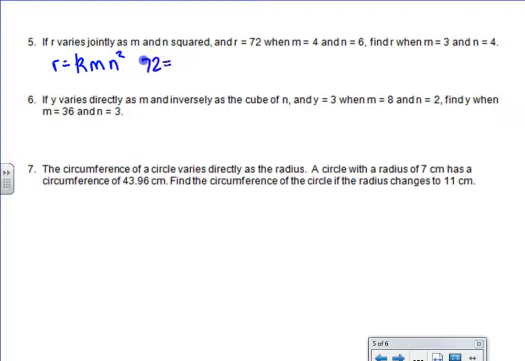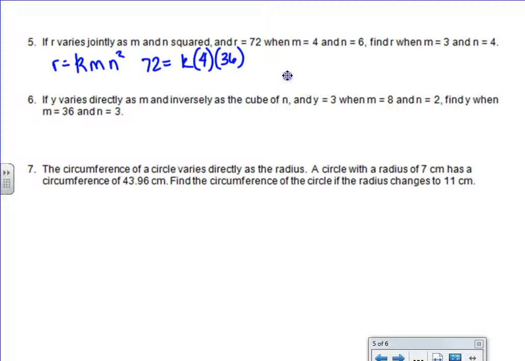So now I'm going to substitute in the clues. And then 6 squared would be a 36. So, let's see, I think that's k is 1, because that is, oh no it's not. Try again. 4 times 36, 144, so that'd be 1/2, right?